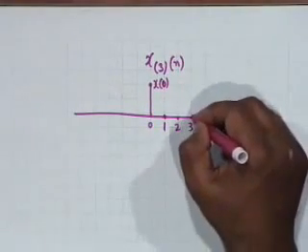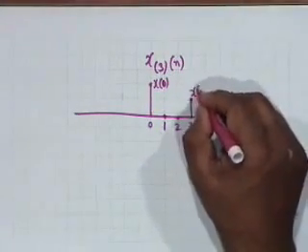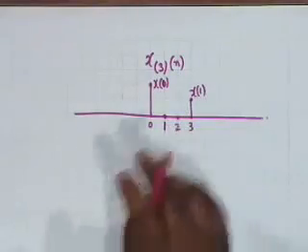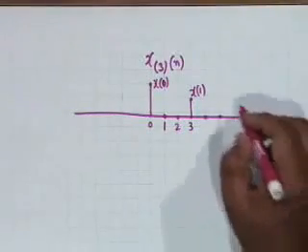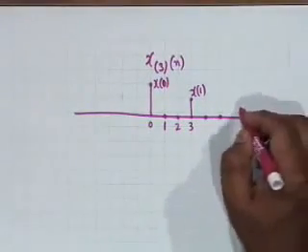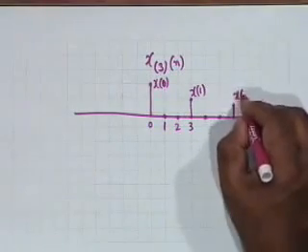At 3 the value is x of 1. I am writing it in a slightly different manner now. I am writing the values in terms of the original sequence, that is x of n. Then 4 is 0, 5 is 0, at 6 the value is x of 2, and so on.